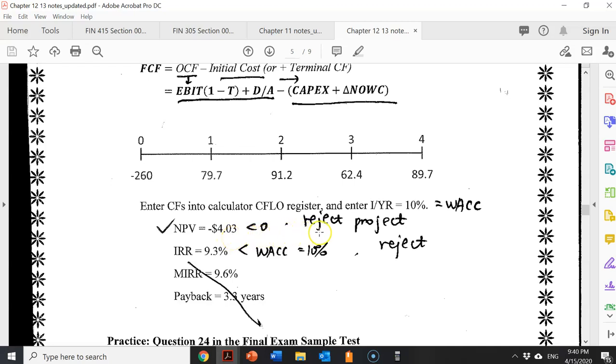Based on this, we should reject the project. If we calculate IRR, it's going to be 9.3%. It's smaller than WACC, which is 10%. So we should reject the project as well. So based on NPV or IRR for this project, we should always reject the project, no matter which measure we use.